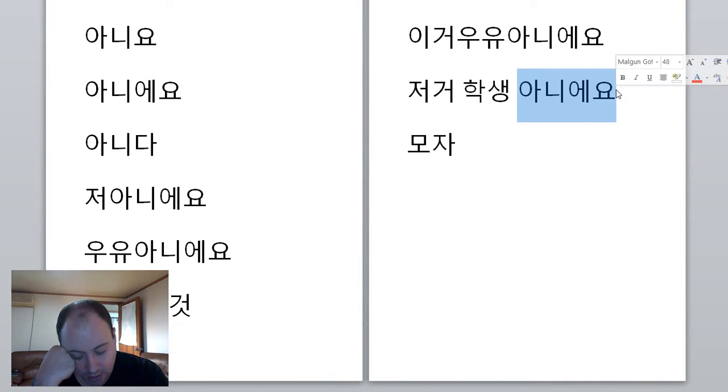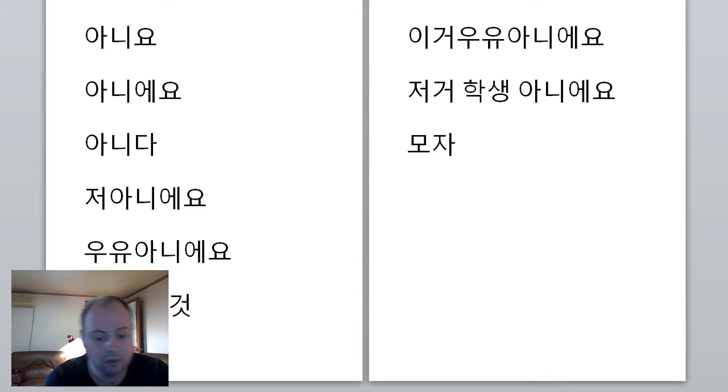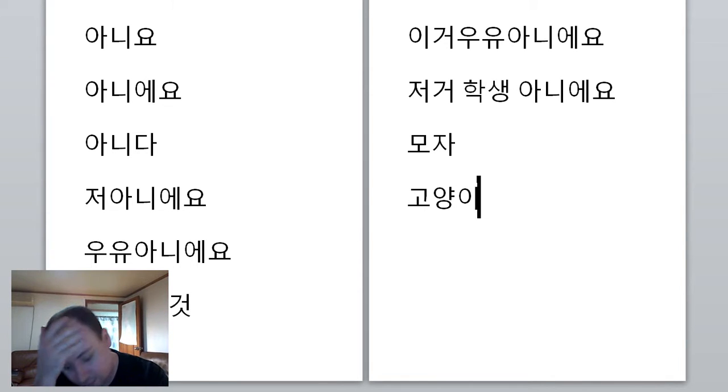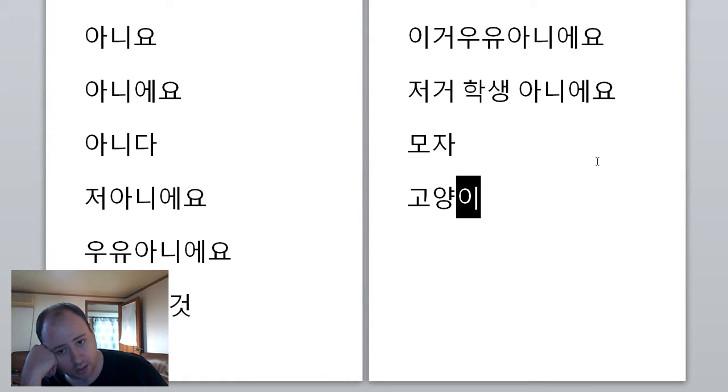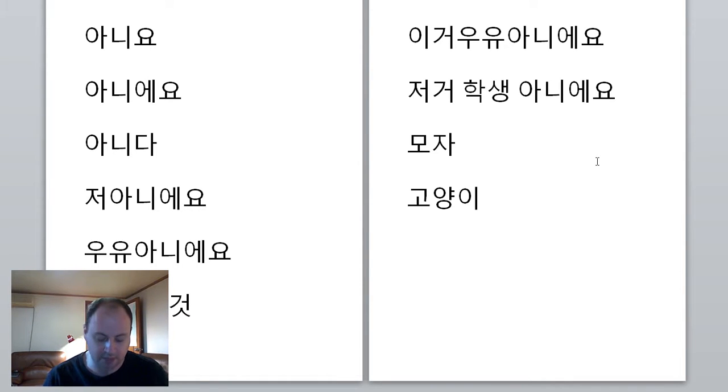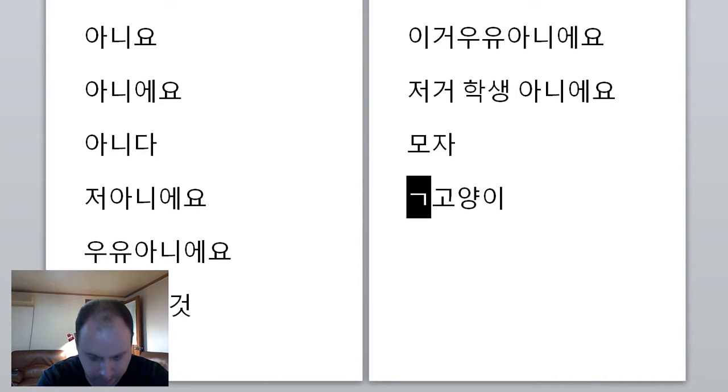In the same way, we could say 고양이, which is cat. So 고양이 아니에요 just means not a cat. But if we want to specify it is not a cat, we would say 그거 고양이 아니에요, which is this one. I'm trying to remember it from last time now, and it's all disappearing.